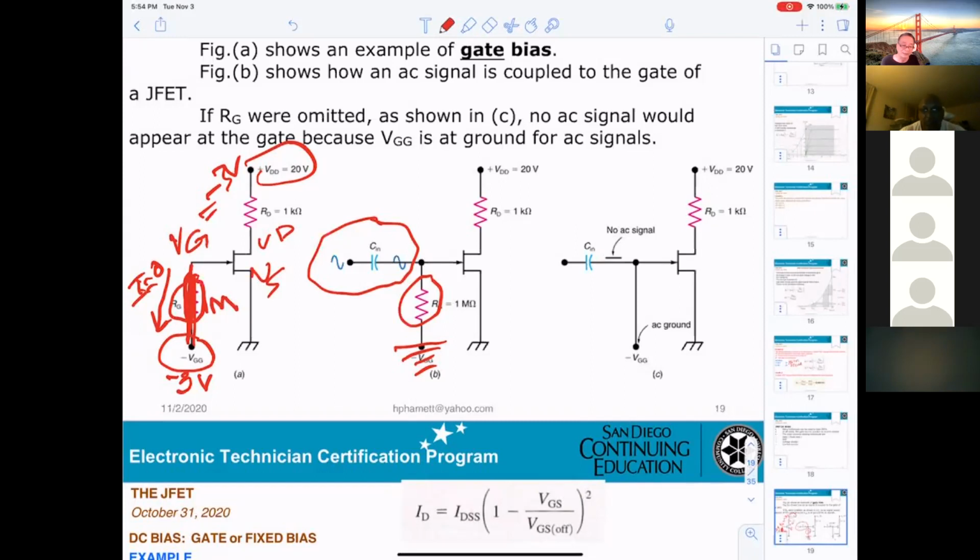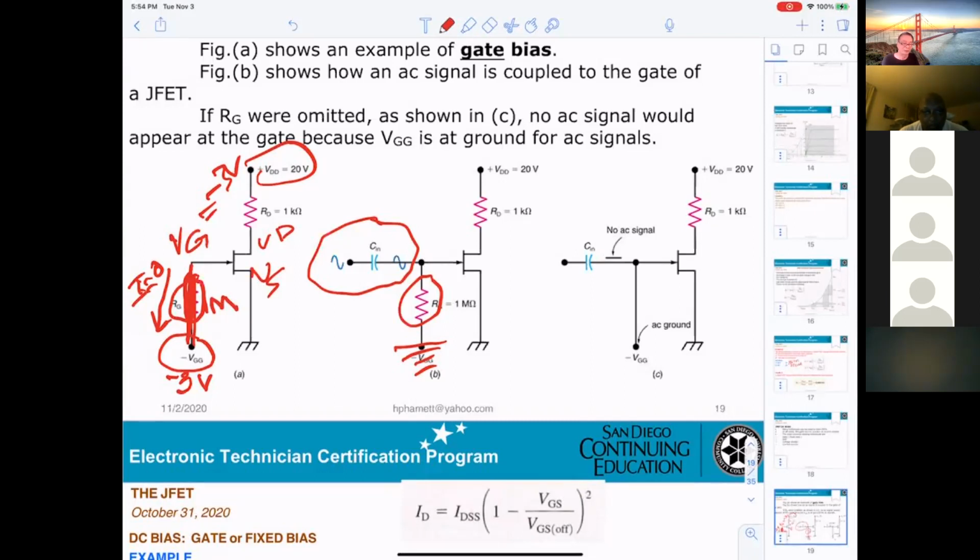However, in this configuration, they must have the RG, that means a resistor of 1 mega ohm. Without that resistor, when you convert DC to AC, the sine wave will be shorted to the ground.